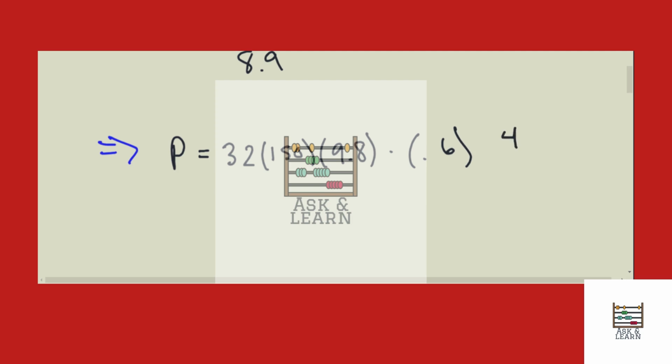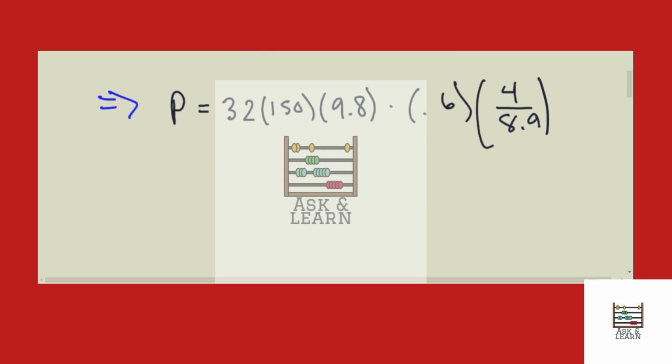And then this is times the velocity, which we know is 0.6, times sine theta. And now we know a value for sine theta, which is 4 divided by 8.9. So then the power necessary for the engine to generate for this escalator is 12.6 kilowatts.